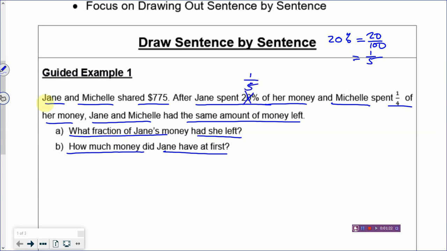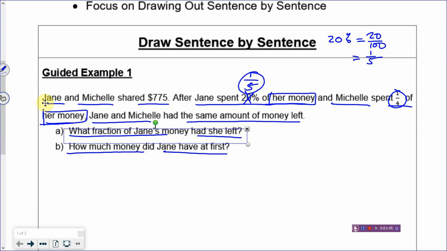Now you can see there are two fractions in the problem. So you need to ask what they refer to. This fraction refers to her money, and Michael spent 1/4 of her money. So are they referring to the same group? If you say yes, it's wrong, even though you see her money and her money.